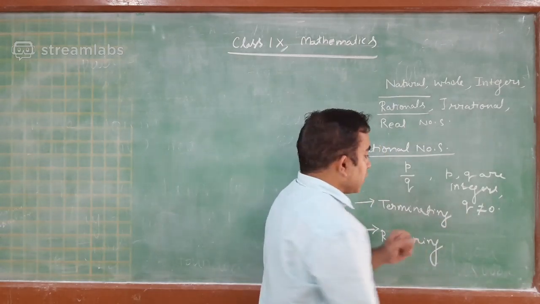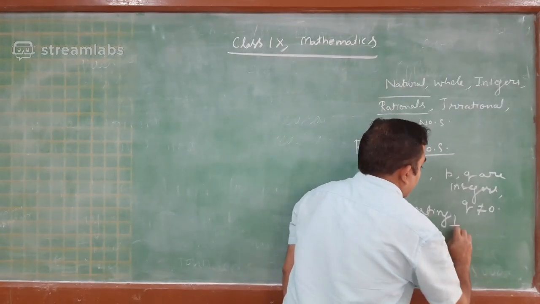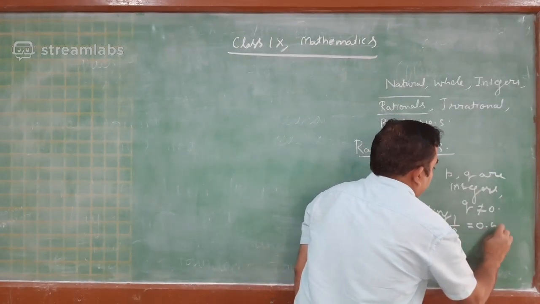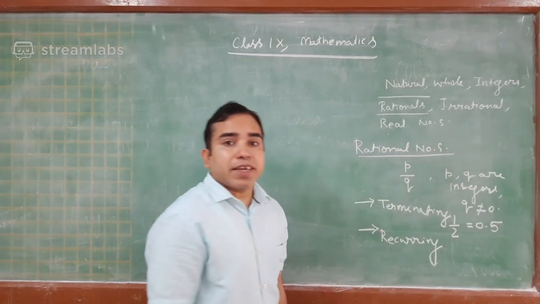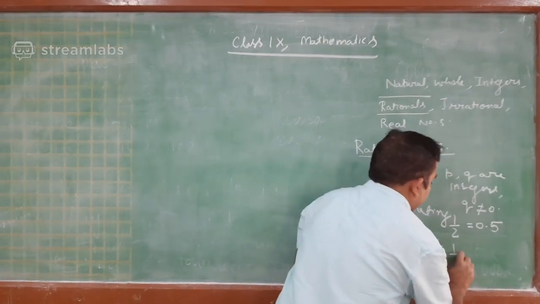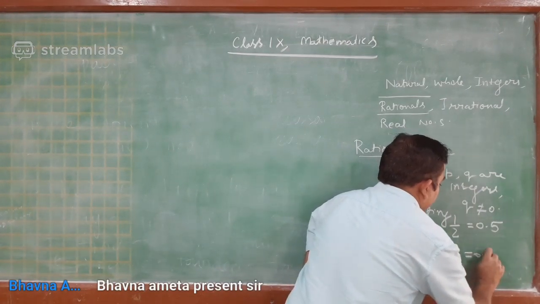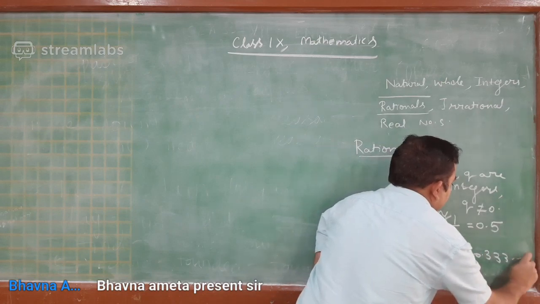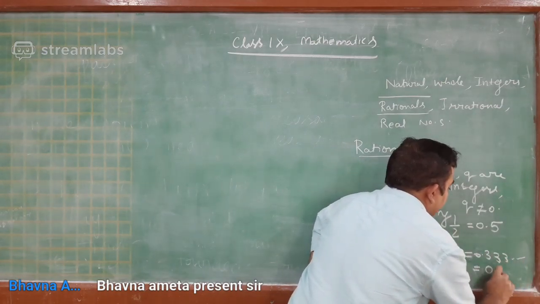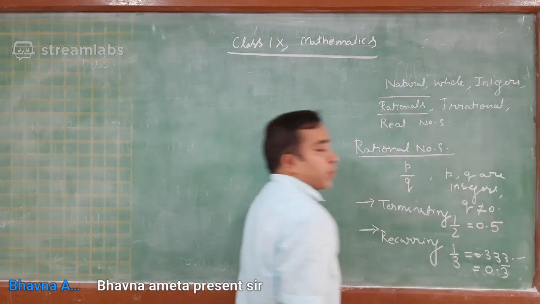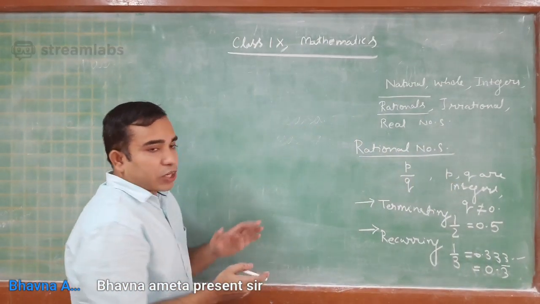Right? Terminating decimal expansion, like 1 upon 2 has 0.5, or recurring decimal expansion, like 1 upon 3 has 0.333, etc. Often we show it by 0.3 bar also. So this is about rational numbers.